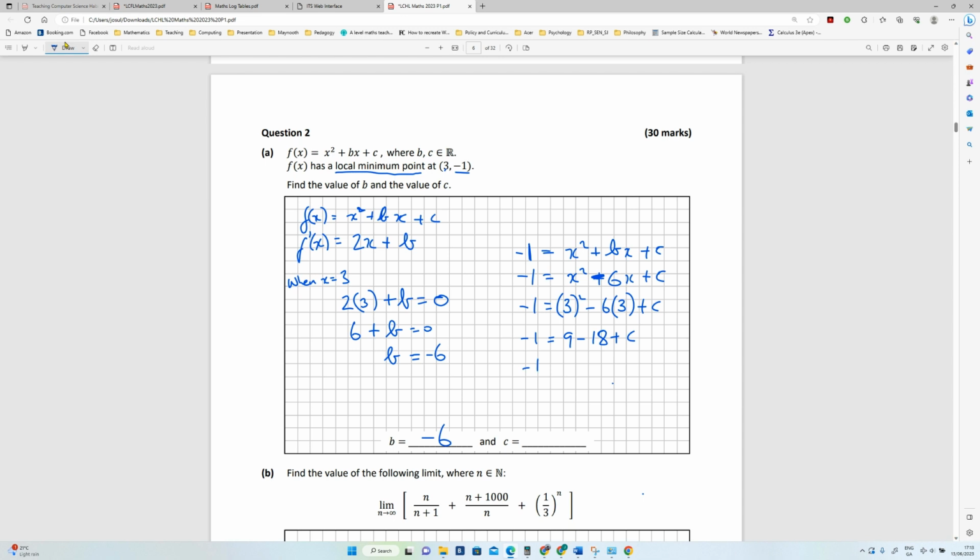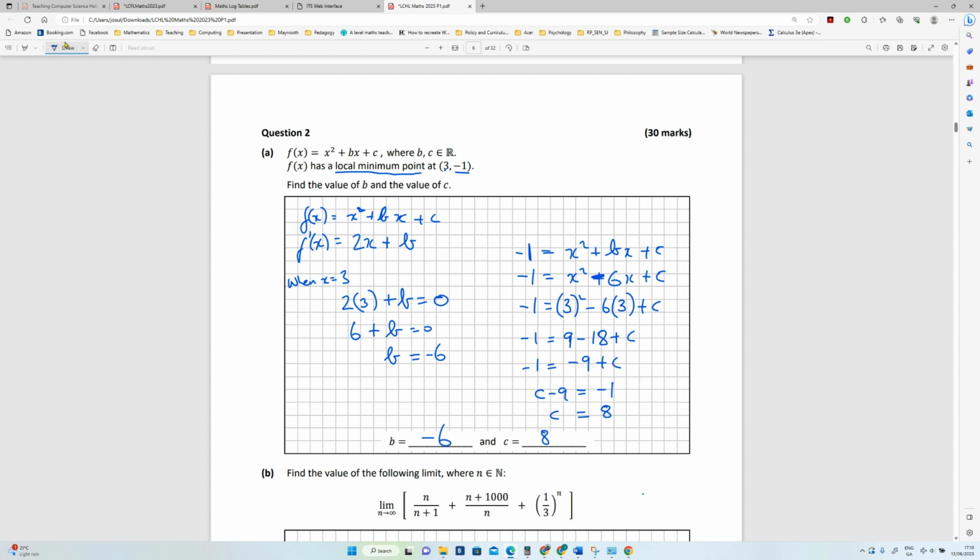Okay, so minus 1 is equal to 9 minus 18 plus c. So I've got minus 9 plus c. Okay, so I'm just going to move that over. So c minus 9 is equal to minus 1. c is equal to 8 when I bring it over here.